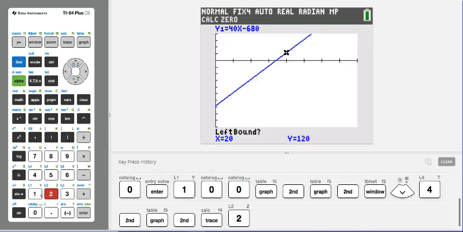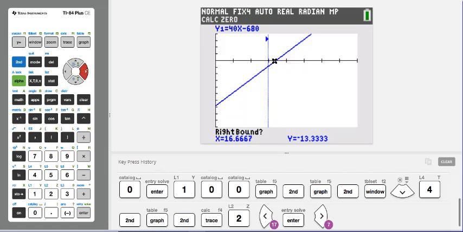Now what you want to do is create a left bound and a right bound. So move your cursor. You want to encase it. In this instance, it would be below it. So we hit enter for the left bound, then move our arrow up above it. It just needs to be above it. I normally like to put it so I can see a little bit of space.